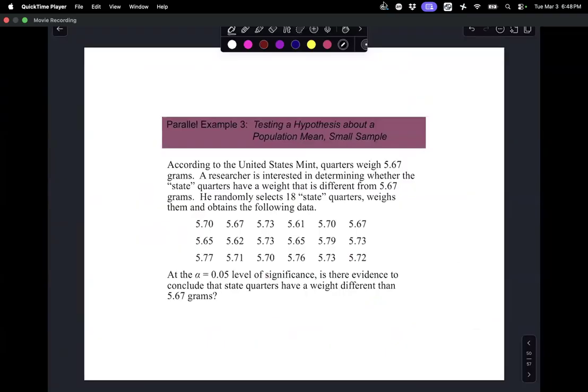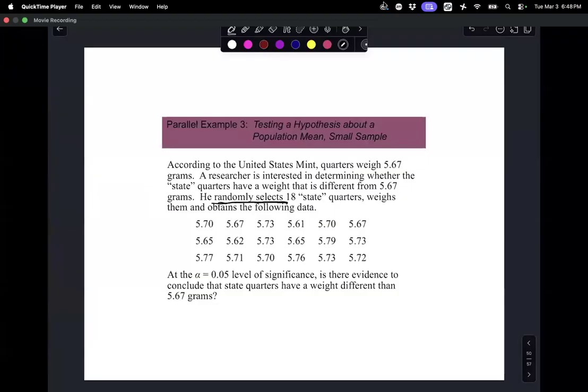All right. According to the United States Mint, quarters weigh 5.67 grams. A researcher is interested in determining whether the state quarters have a weight that's different from the 5.67 grams. He randomly selects 18 state quarters, weighs them, and obtains the following data.